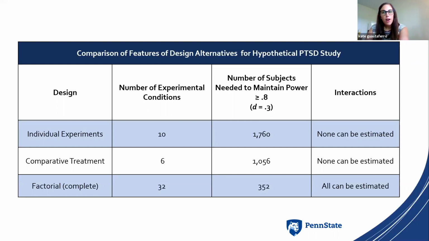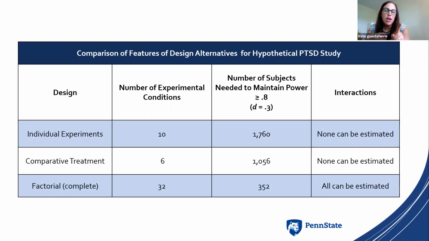So say now I chose to consider a complete factorial, where I have my 5 components, 2 levels of each. That yields 32 experimental conditions, but I only need 352 subjects to be adequately powered to detect an effect of 0.3. How is this possible? Well, the way that the effects get estimated is a more efficient use of the subjects, and so you can have fewer.